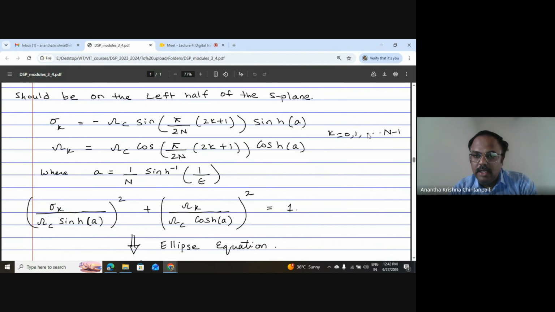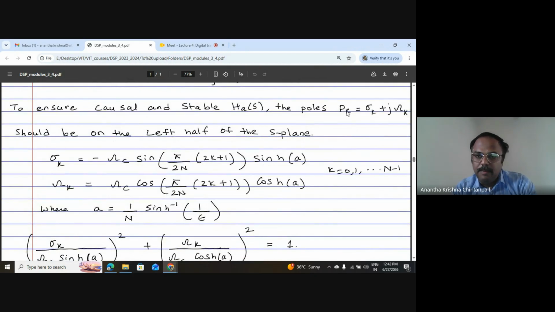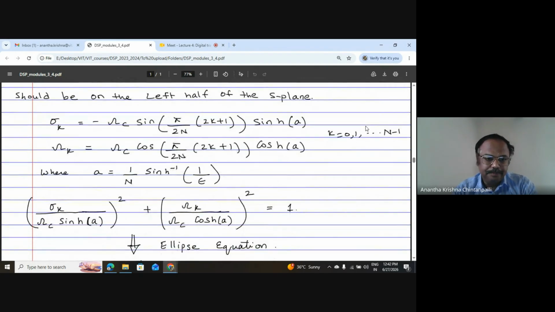If the filter order is, say, 3, you will put k equal to 0, 1 and 2, and similarly you are going to get p0, p1, p2. The complex conjugate pair will still be valid: if there is a complex pole, then you will have a complex conjugate pair.